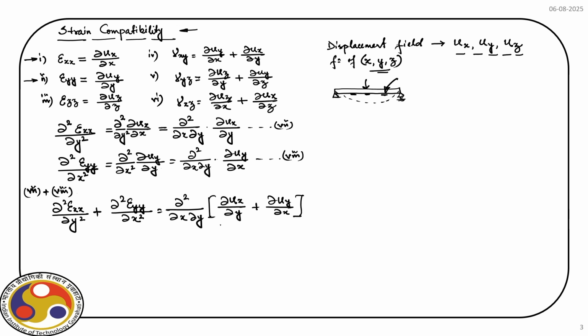Right. Now, this third bracketed quantity, you can easily identify, is nothing but gamma xy.